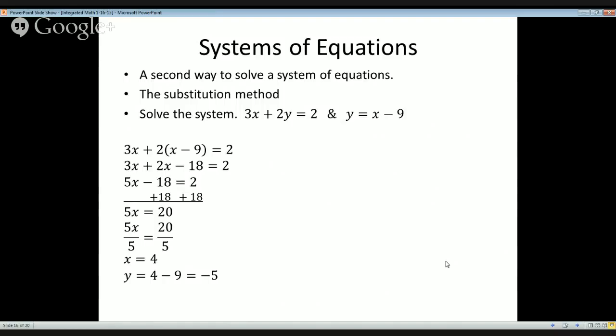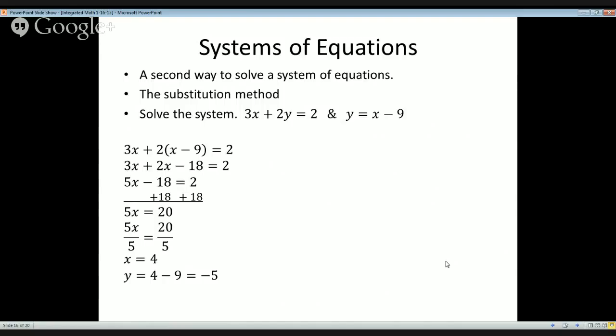So that means the x value in one of the equations has the exact same value as the x value in the other equation. And the same for the y value. The y value in one equation is the exact same y value as in the other equation. So if those two y values are the same or those two x values are the same, then we're going to be able to replace one value for y with the other y value.